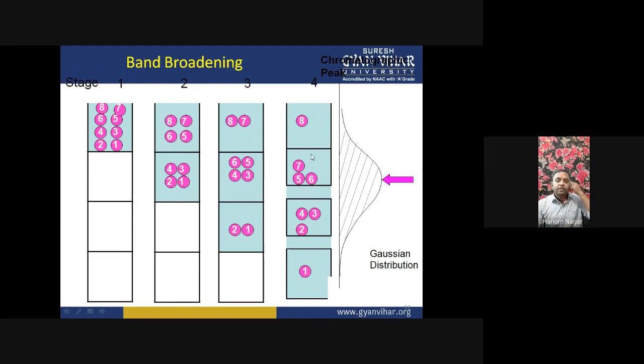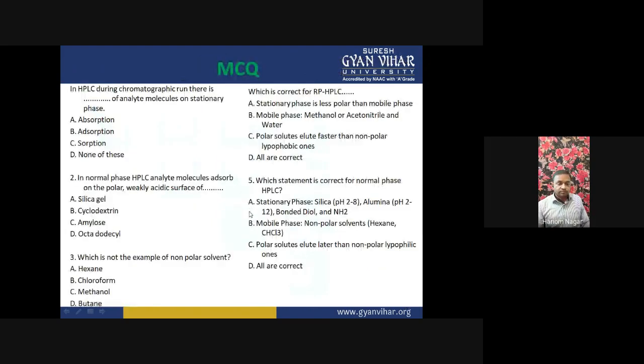They are eluted within a range of time. According to the concentration of the components reaching the detector, their signal appears in this shape. This is the Gaussian distribution.